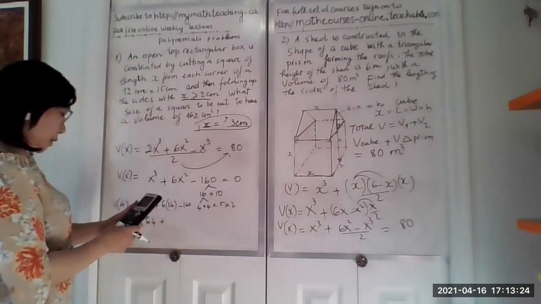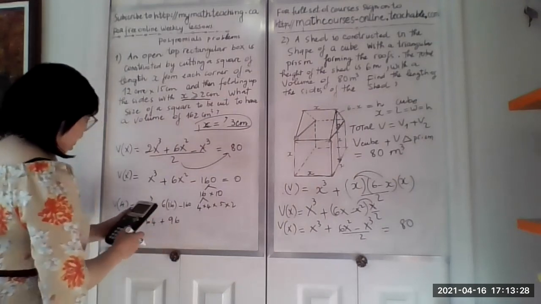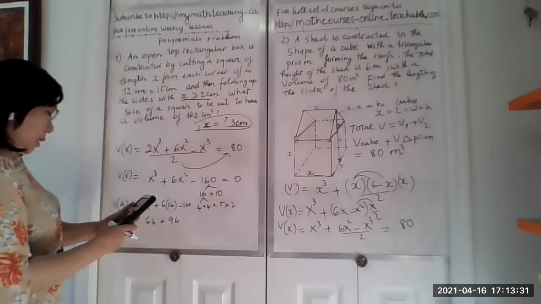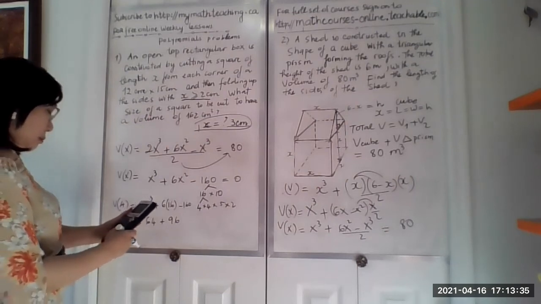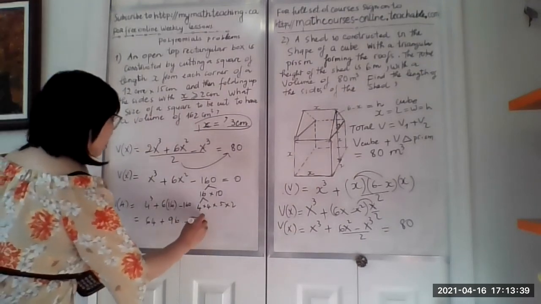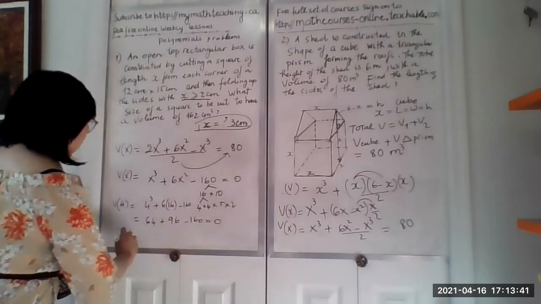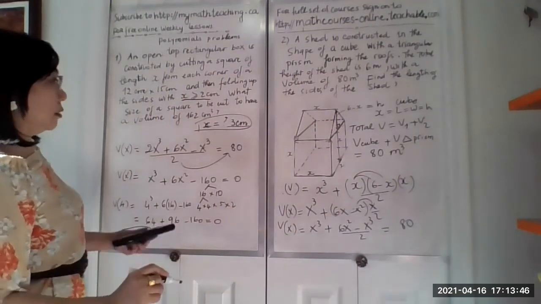Adding with 6 times 16 will be 96. So 96 add 64, yes, minus 160 gets 0. So it turned out x equal to 4 is the answer.